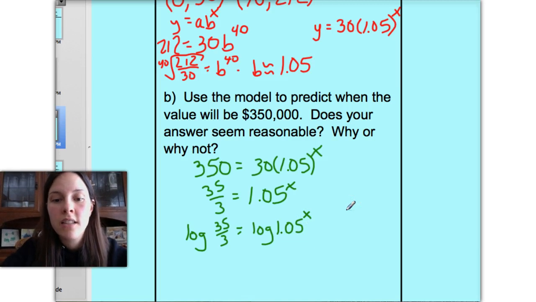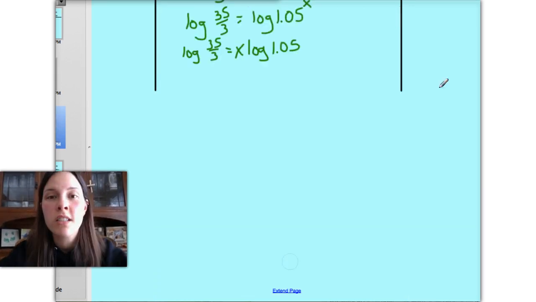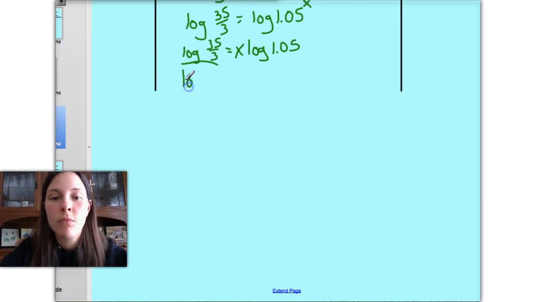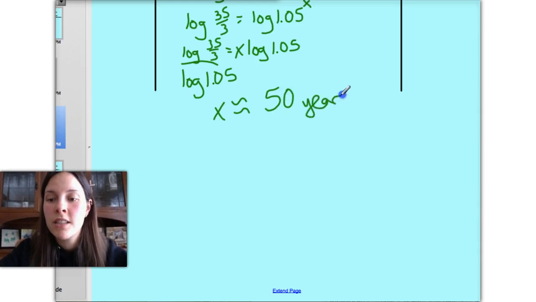So I'm going to pull that x out of the exponent. So of course, to solve for x, we're going to divide both sides by log of 1.05. And I got for my x value about 50 years later, which puts us at 2010.